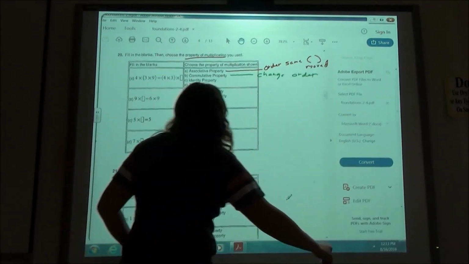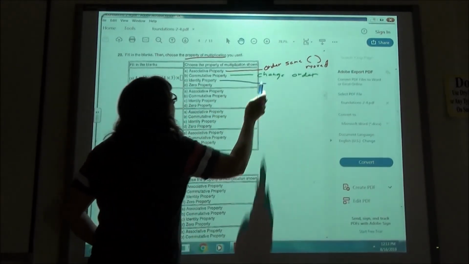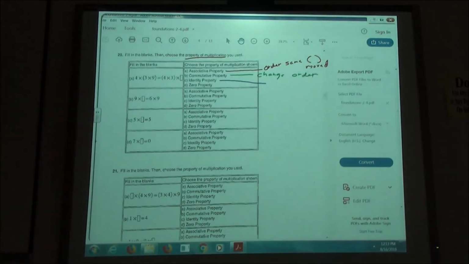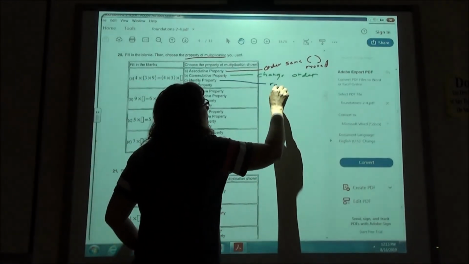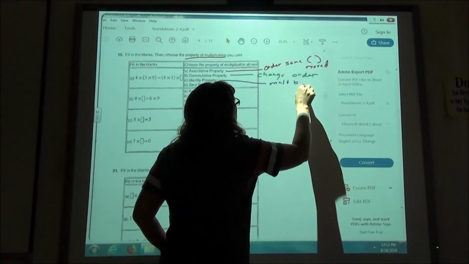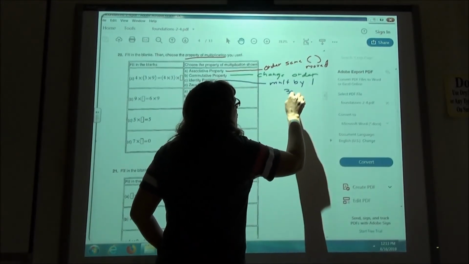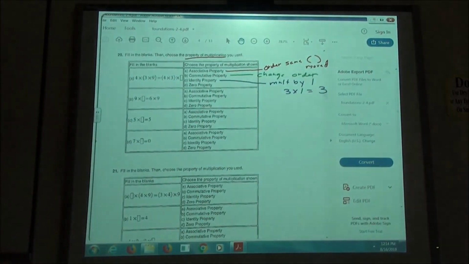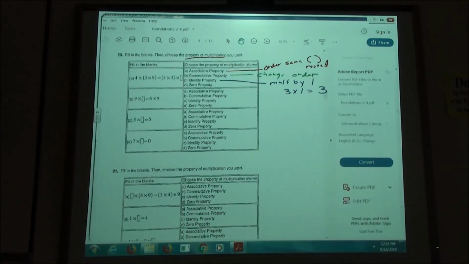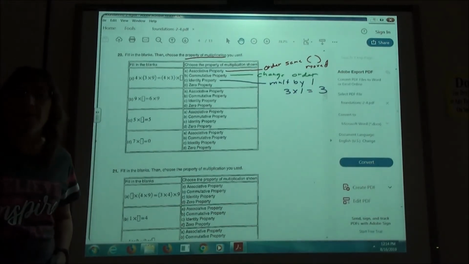Now here's what's a little bit different here. For your identity property, the identity property of multiplication is multiplying by 1. If I take 3 times 1, I end up with the same answer, which is 3. So for addition, the identity property is adding 0, but for multiplication, the identity property is multiplying by 1.